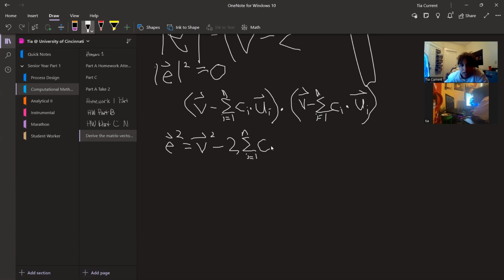So C_i, U_i. Then positive or negative equals positive. Since we have two things of this, we're going to use other variables.